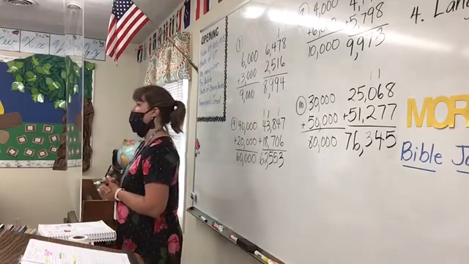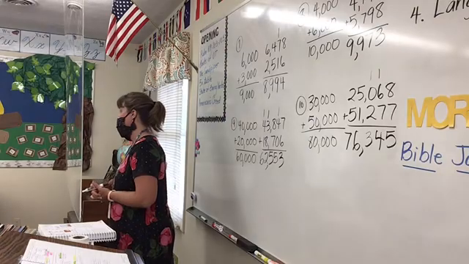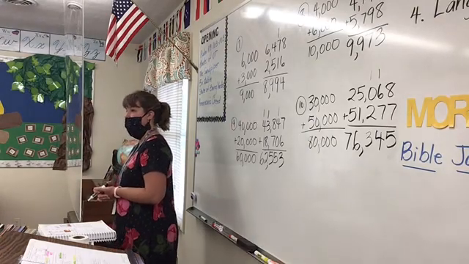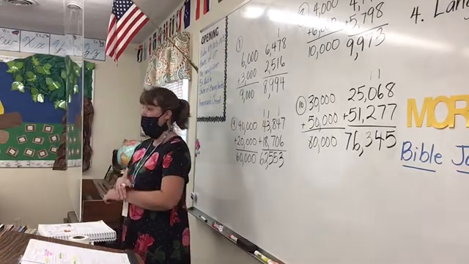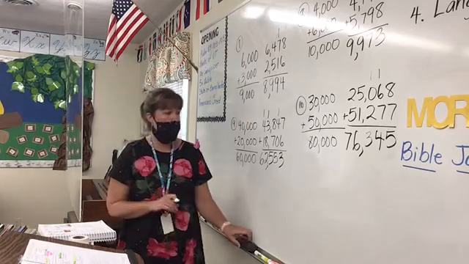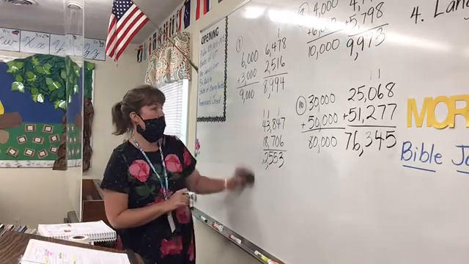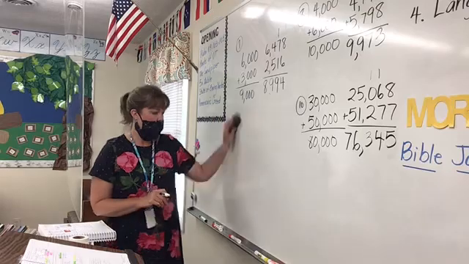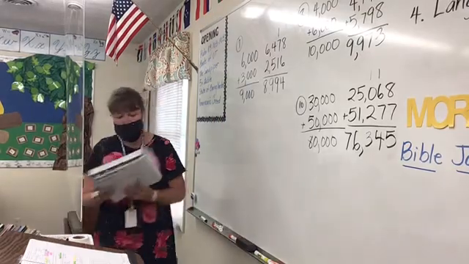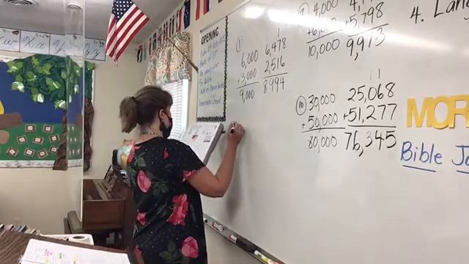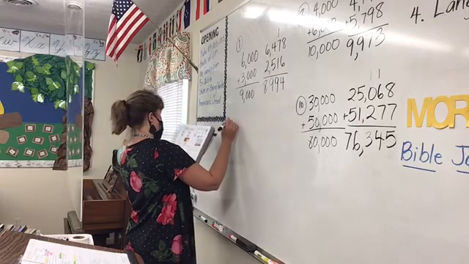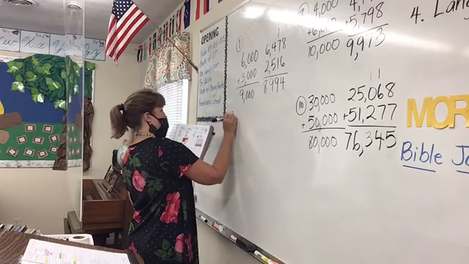So what are we going to do? What operation are we going to perform? Jensen? Addition. Correct. So tell me what we're going to add. First, we're going to put down our base number, which is 3,475.